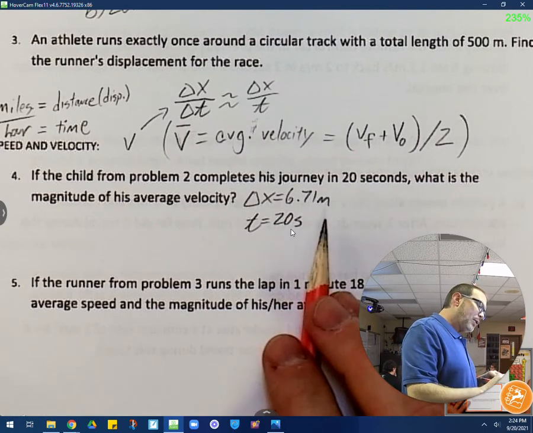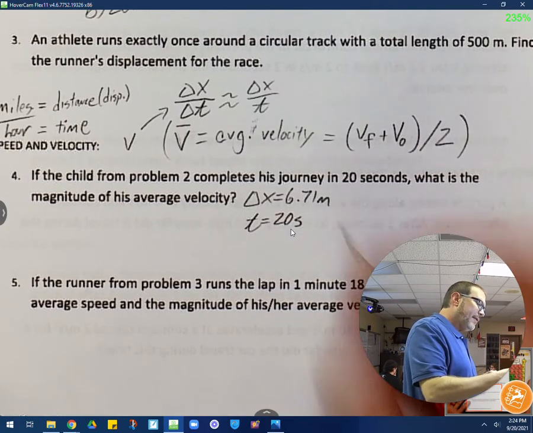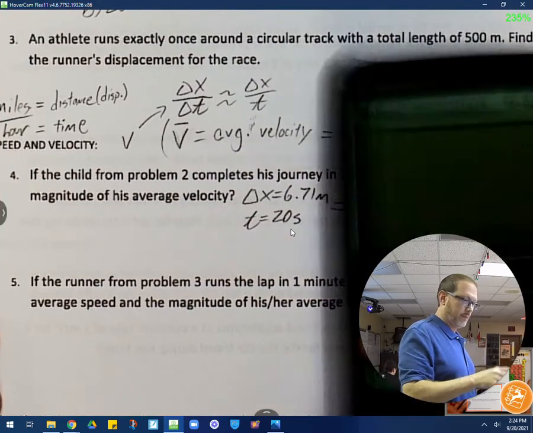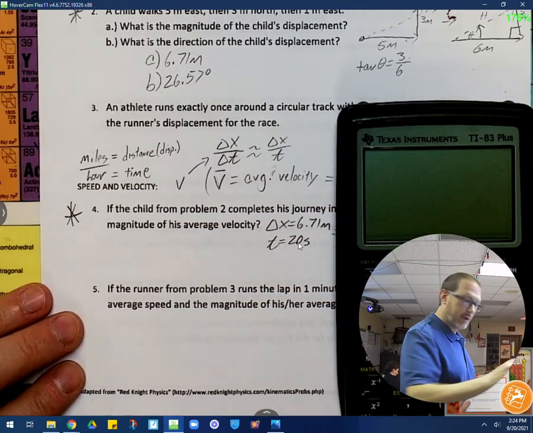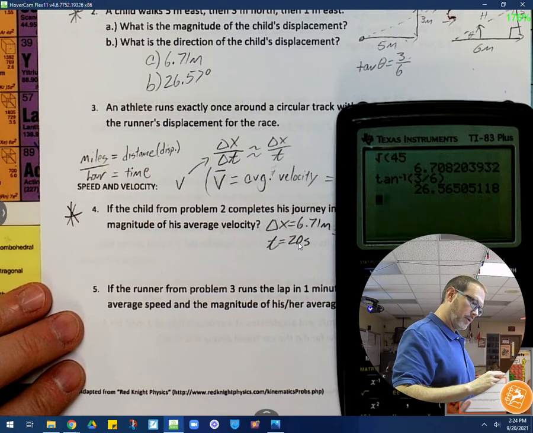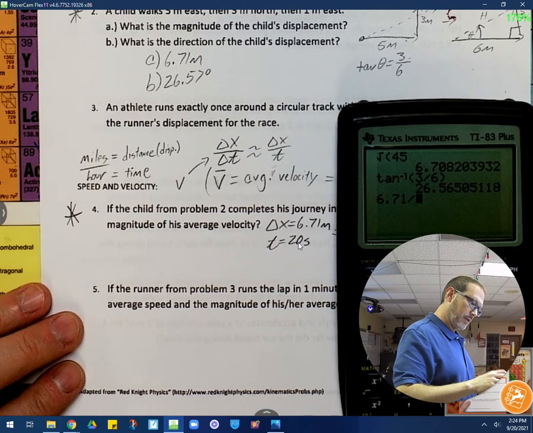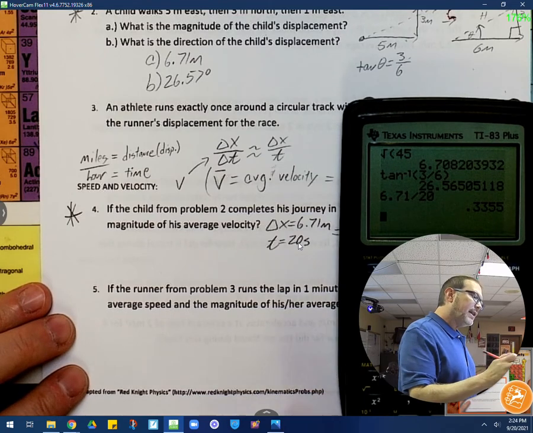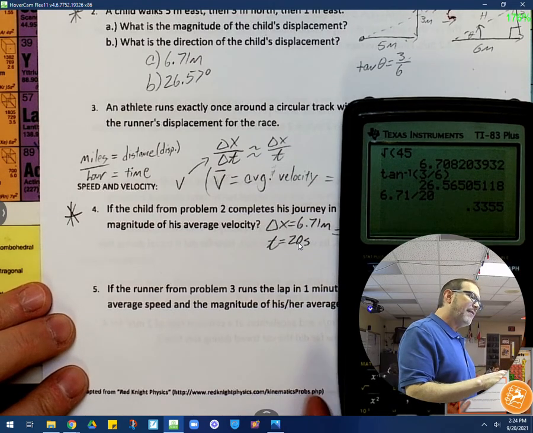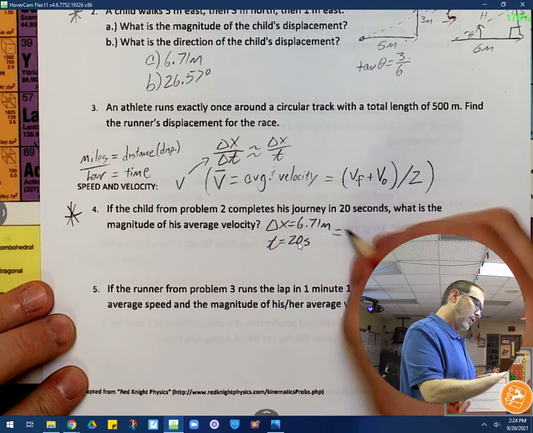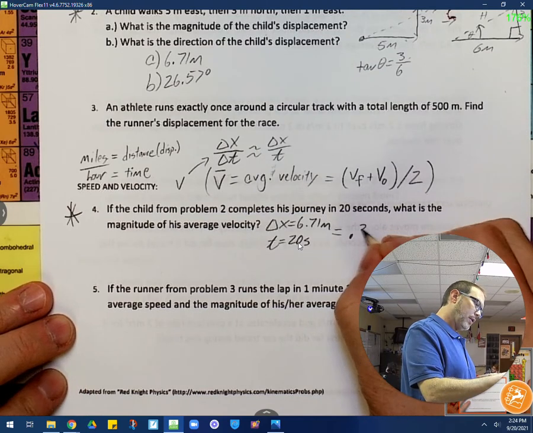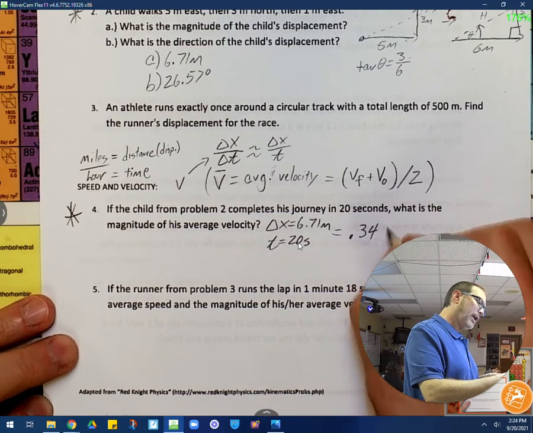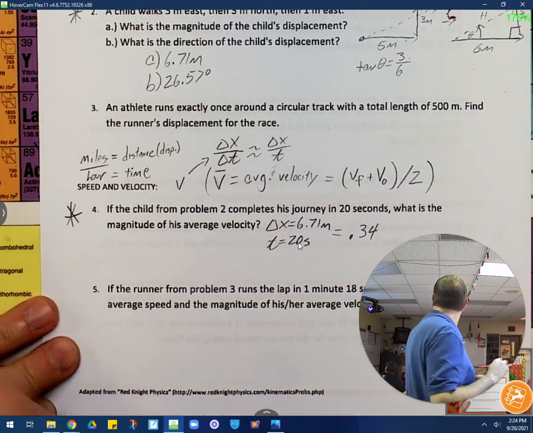So 6.71 divided by 20 gives 0.3355, about 0.34. What would my units be here?